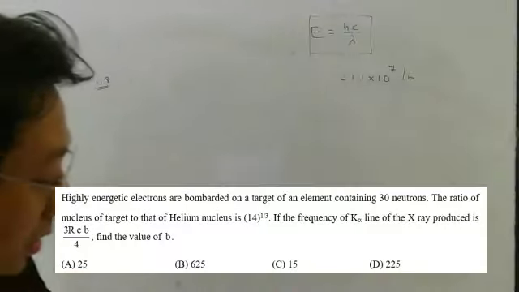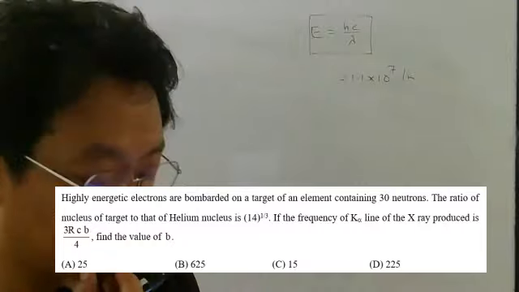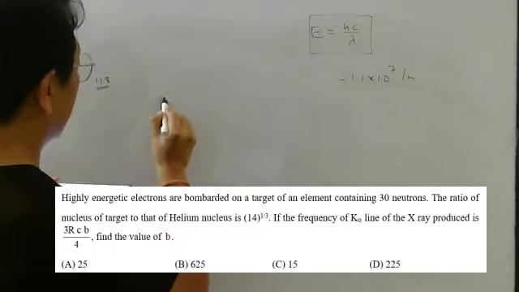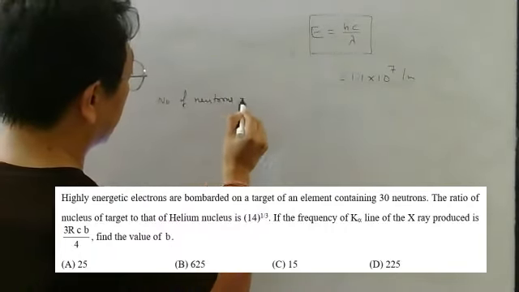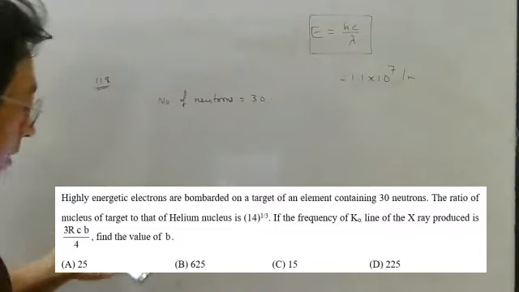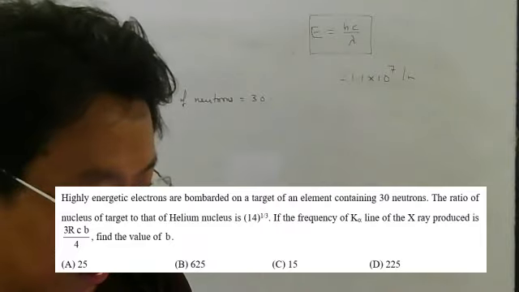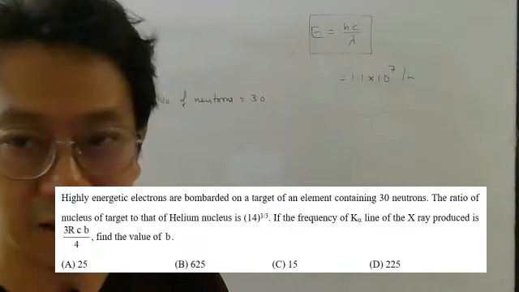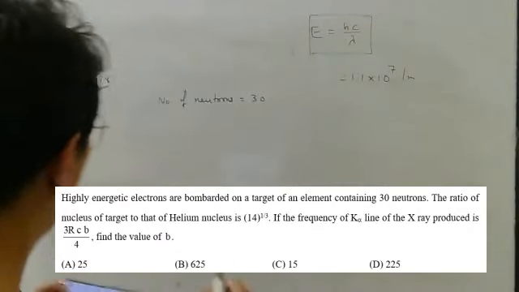Okay. Highly energetic electrons are bombarded on a target of an element containing neutron number 30. So number of neutrons is 30. The ratio of nucleus of target to that of helium. They missed one small thing, students. Please write the ratio of size of nucleus or radius of nucleus.